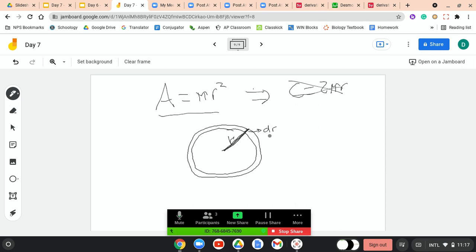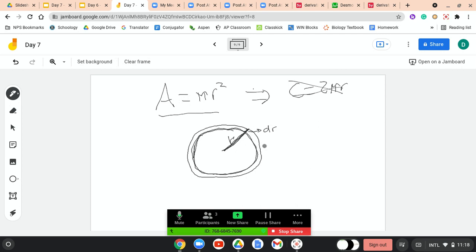So if we imagine this change is getting closer and closer and closer to 0, then the resulting change in area will just be this kind of infinitely small ring around the circle, right? Yeah. And I'll take a second to pause and make sure that makes sense. No, that makes sense to me.